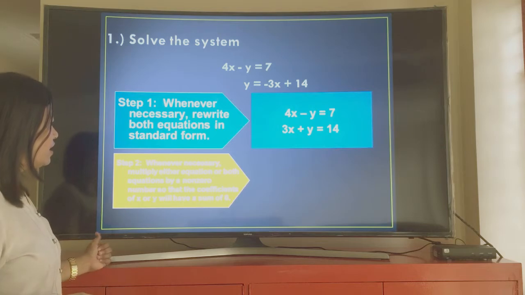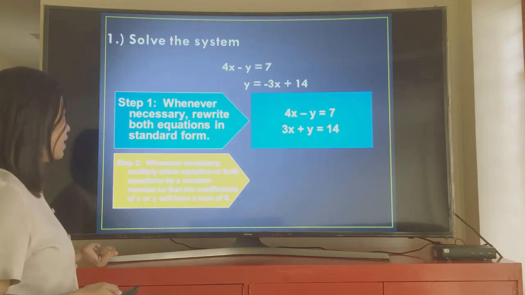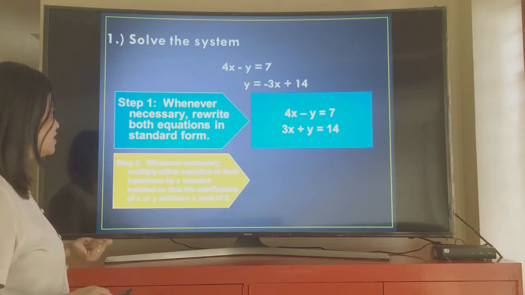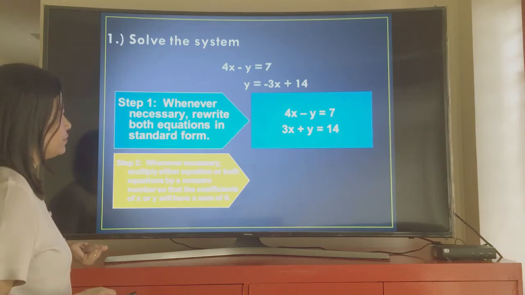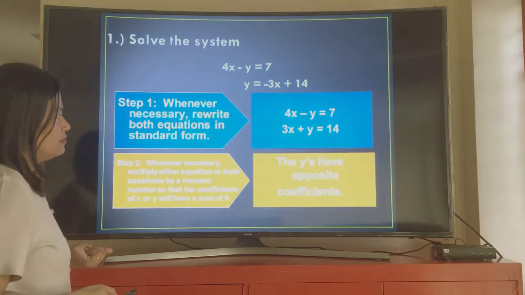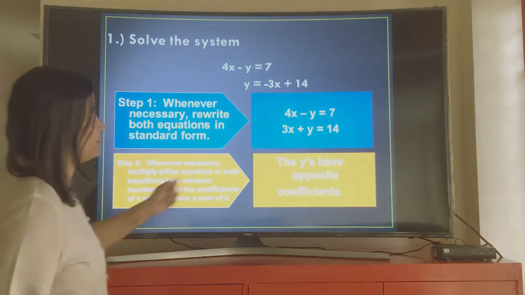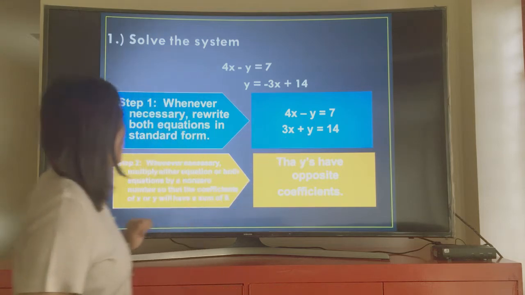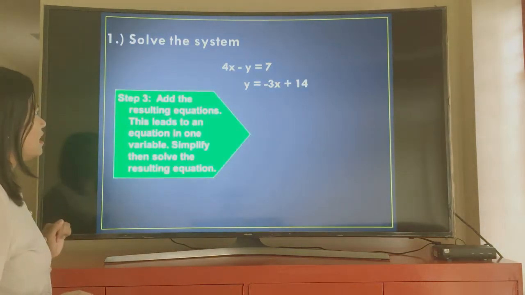Step 2, whenever necessary, multiply either equation or both equations by a non-zero number so that the coefficients of x or y will have a sum of 0. The y's have opposite coefficients. We have here negative y and positive y. Next, add the resulting equations.